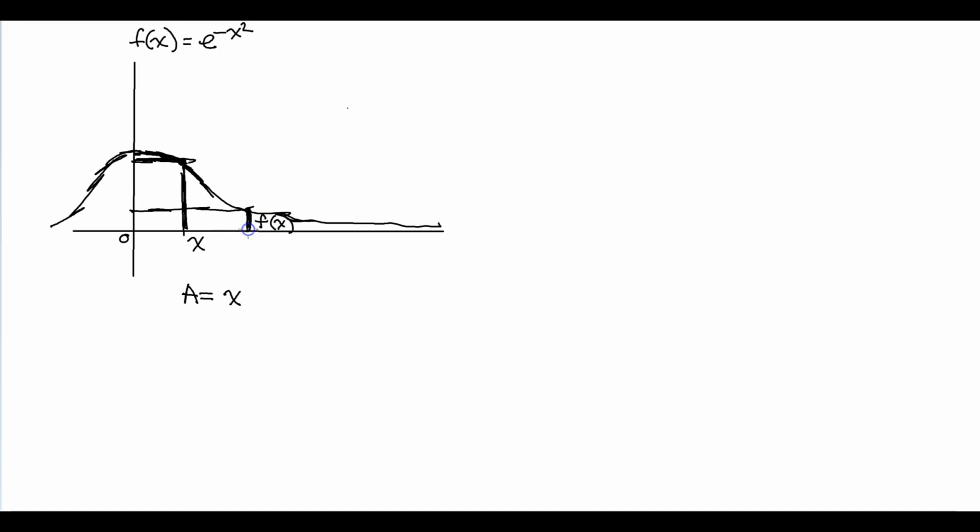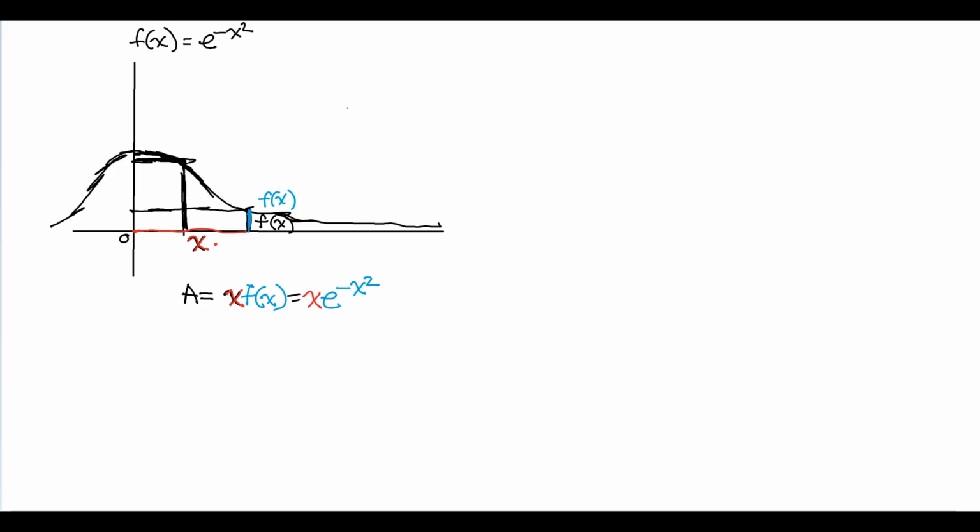This side is f of x. This is x. So the area is x times f of x, which equals x times e to the negative x squared.